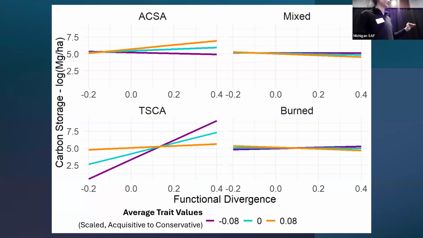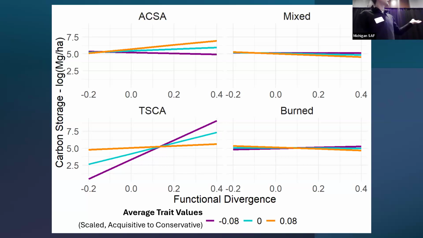This model came out kind of complicated, but it's okay. It's not too bad. Where the stand gets more mapley, more negative on that acquisitive to conservative axis, we see more of a response to functional diversity in the hemlock dominated stand. So we do have a positive response, suggesting potentially complementarity.